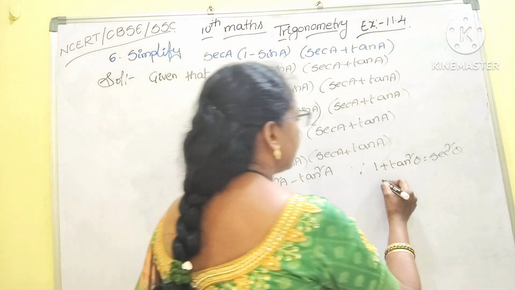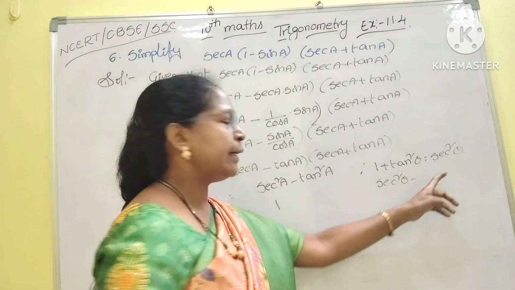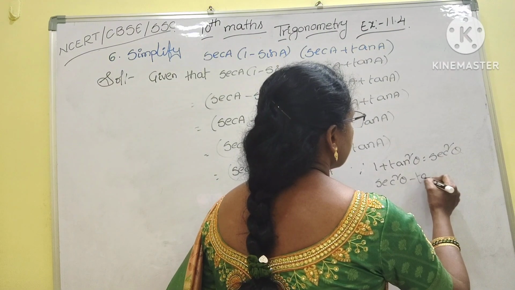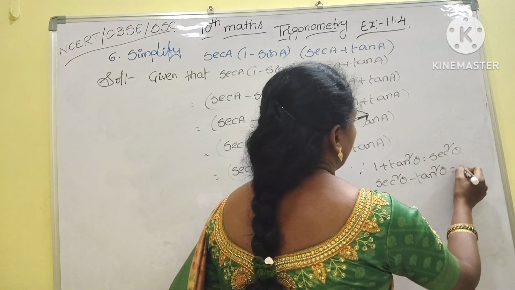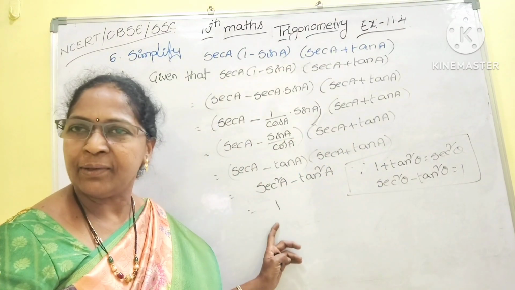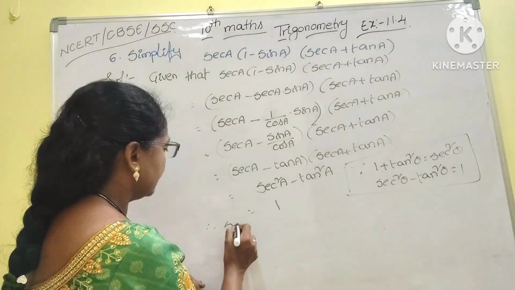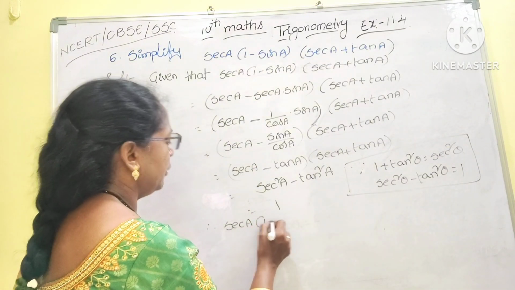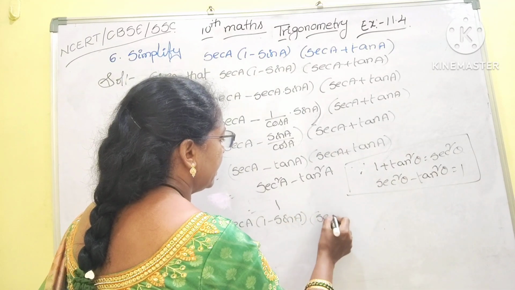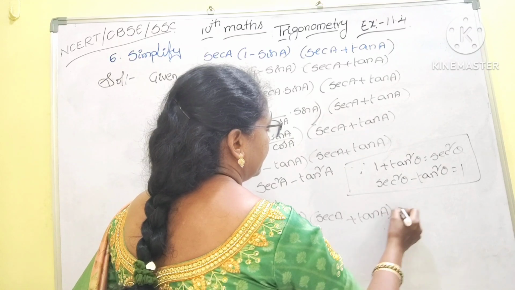From this identity you can write secant square theta minus tan square theta equals 1. According to this identity, this entire value equals 1. Therefore, secant A into 1 minus sin A into secant A plus tan A equals 1.